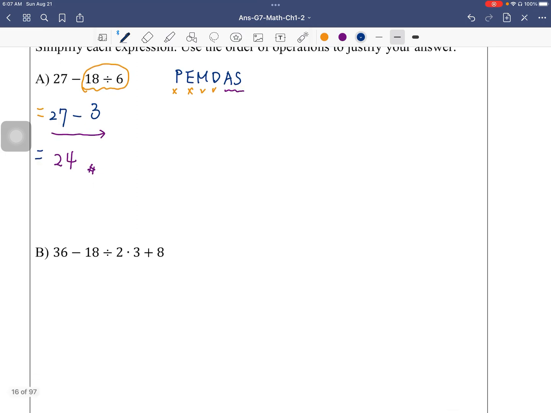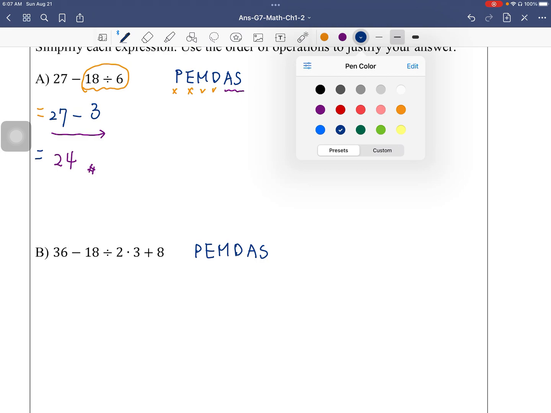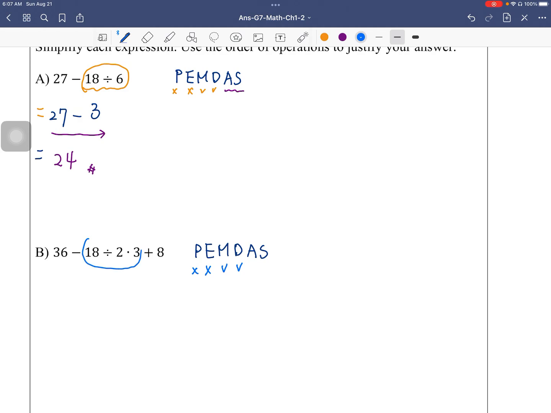Again, for question B, PEMDAS. Do I have parentheses? No. Do I have exponents? No. Do I have multiplication? Yes. Do I have division? Yes. So circle them. 36 minus 18 divided by 2 is 9, times 3, plus 8.